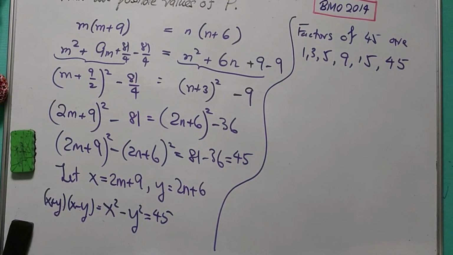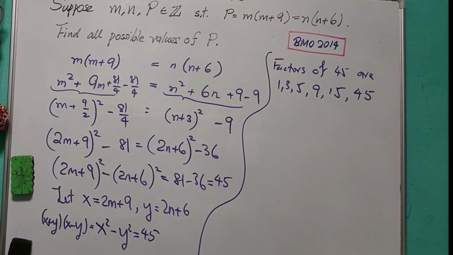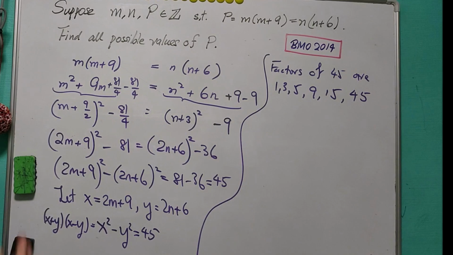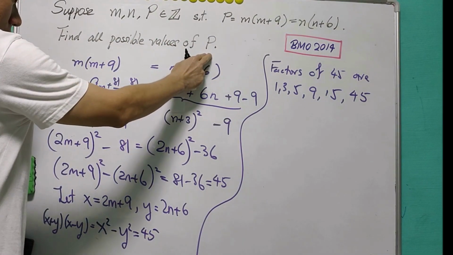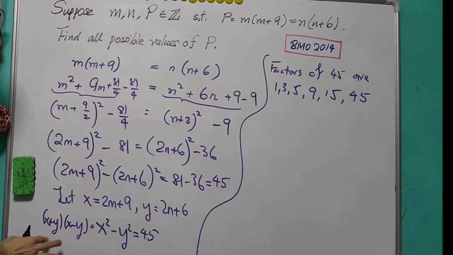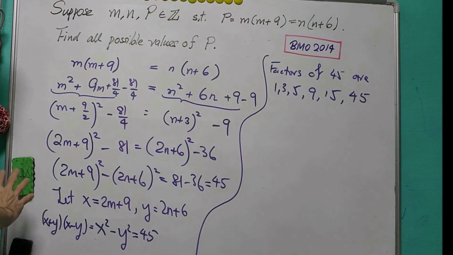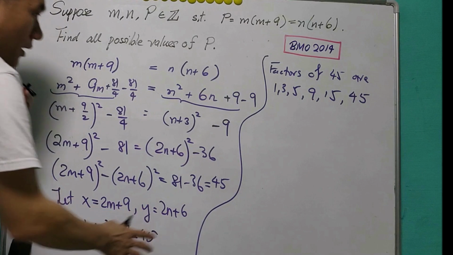So there are many cases to consider, but we will see that the main task for this question is to find all possible values of p, not all possible values of x and y, not all possible values for m and n. What does it mean?